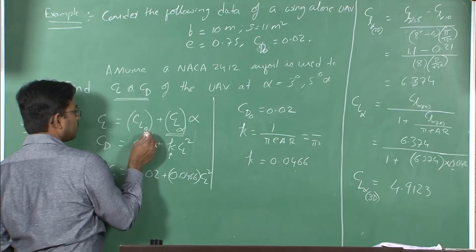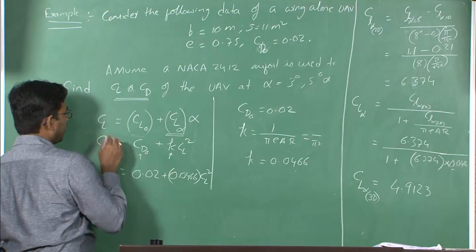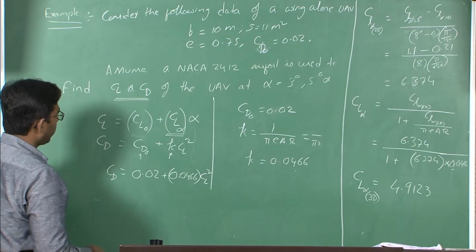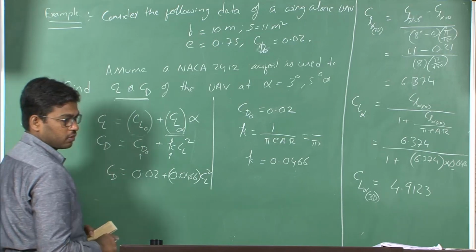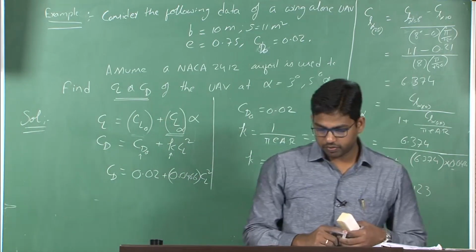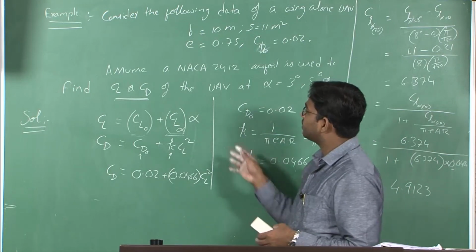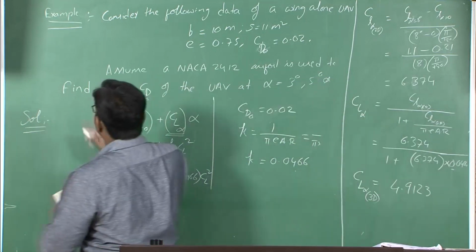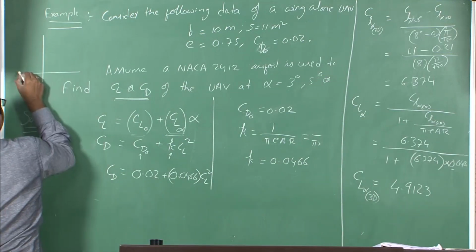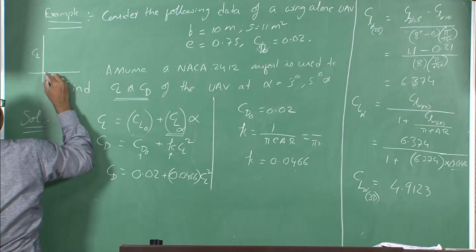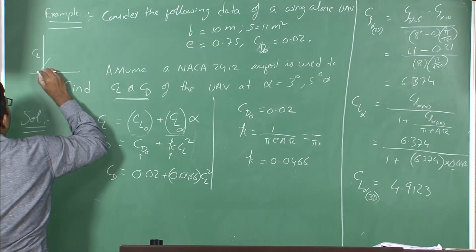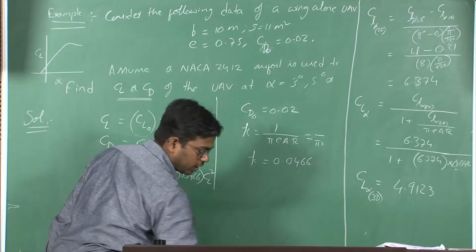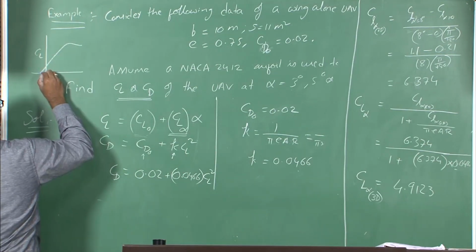Now we need to find out CL naught, to find CL at different alpha as well as CD at different alpha, right. So how to find CL naught? The assumption we make here is that since we are making this wing out of this aerofoil, we have the CL versus alpha plot for the aerofoil.